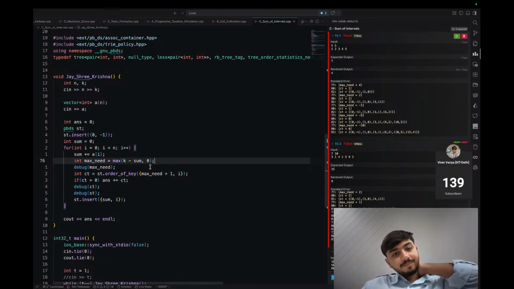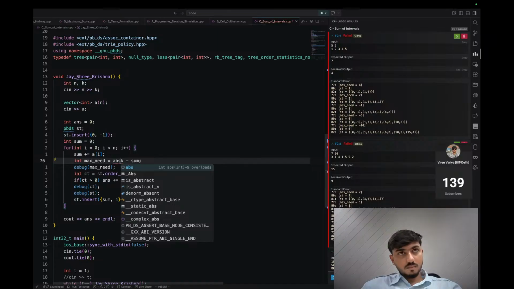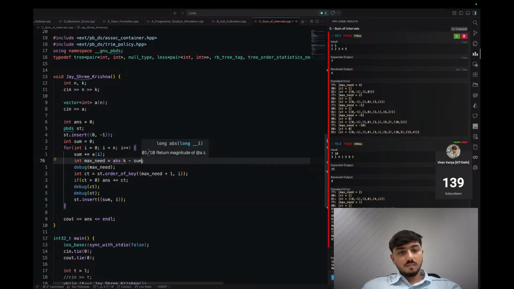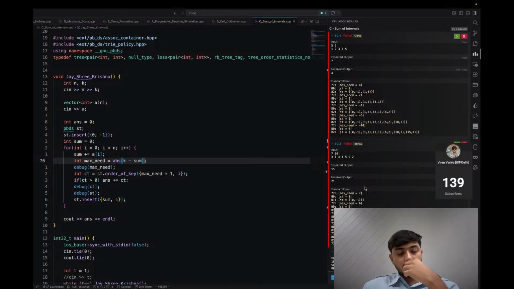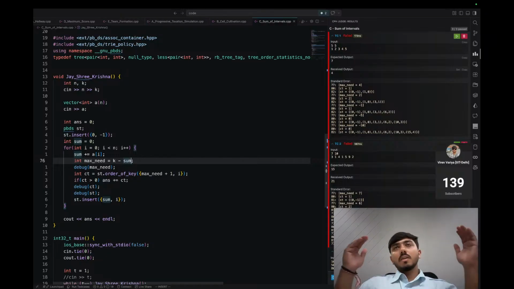See, my max need is -4. What does that mean? -4 means currently I have a big sum.